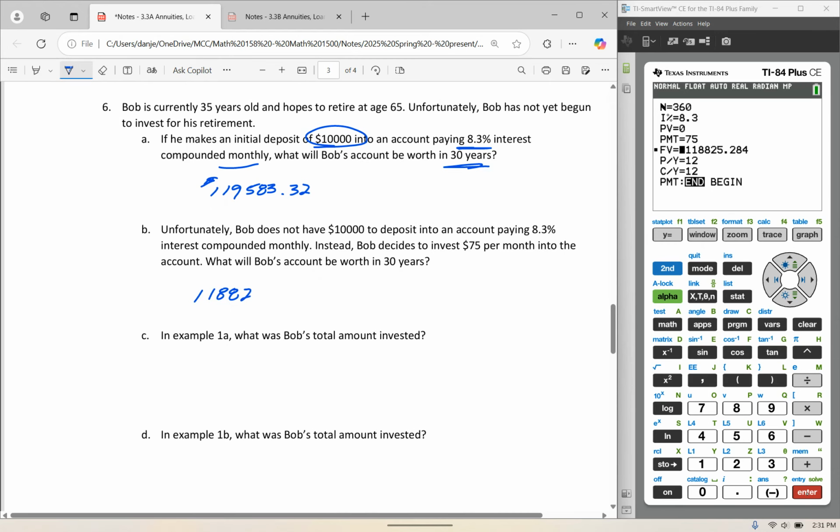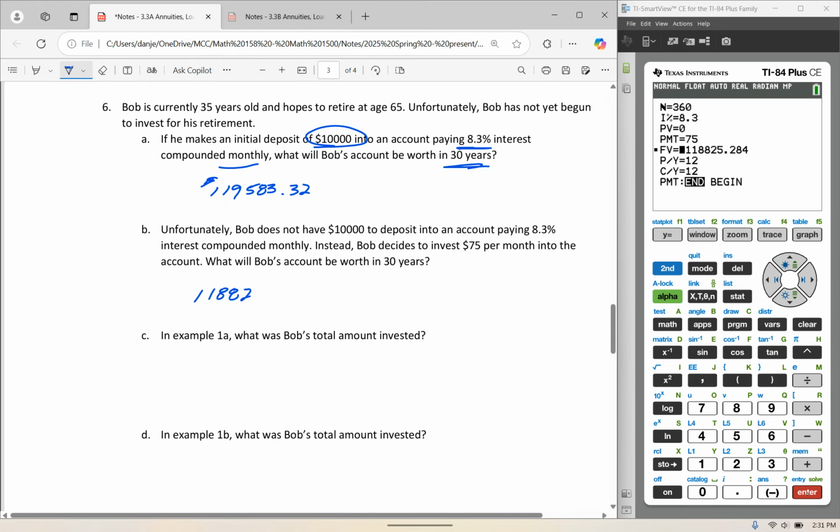Now you'll notice in example 6A, Bob's total investment was $10,000. In example 6B, what was Bob's total amount invested? Well, here he invested $75 a month for 30 years.